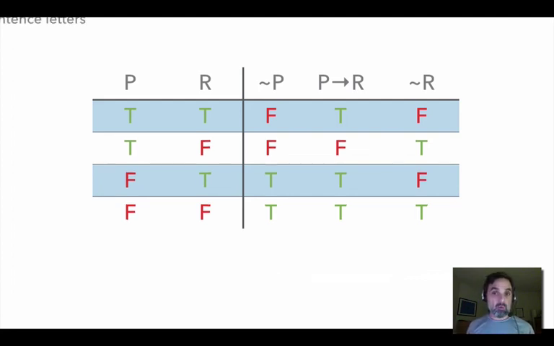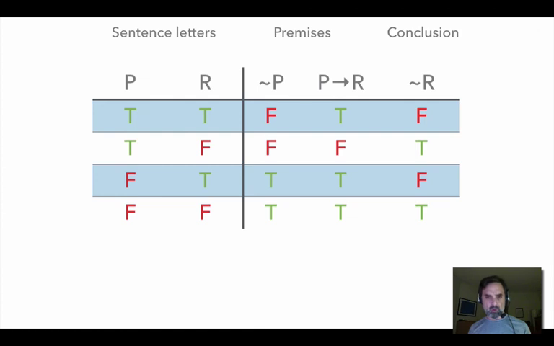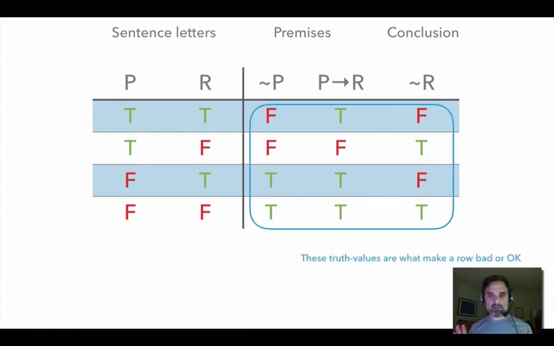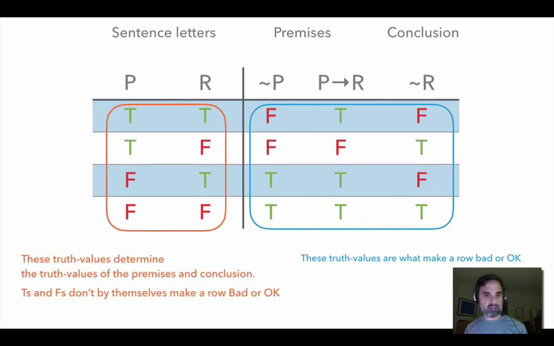Now, when we look here, there are the sentence letters, there are the premises, and there's the conclusion. We want to be clear that what's immediately relevant to the argument's validity, what figures in the definition of validity, are the truth values on the right, the truth values of the premises and the conclusion. And those truth values are what make a row bad or okay. The truth values on the left are the truth values assigned to the sentence letters. The sentence letters are not premises.